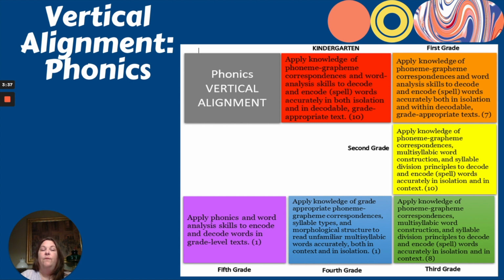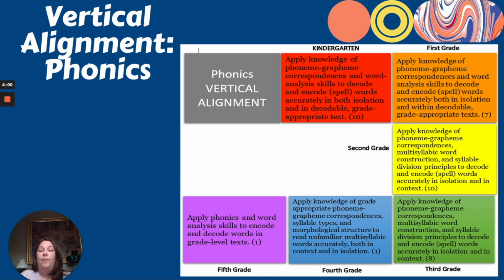As students move from first grade into second and second into third, they then have to be able to apply knowledge of phoneme, grapheme, correspondence, multisyllabic word construction, and syllable division principles to decode and encode, spell words accurately in isolation and in context.